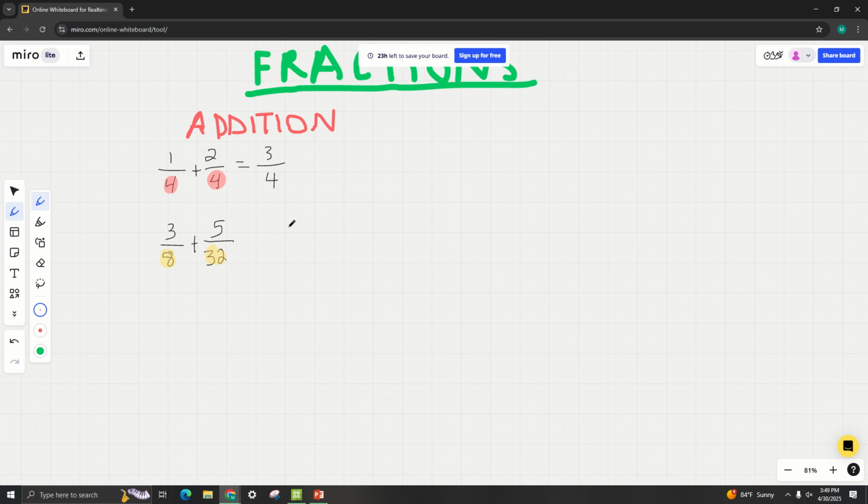The best way to do that is to find the greatest common factor again, or if you know your math facts, which I highly suggest you practice if you aren't feeling comfortable with those, you might be able to see, oh, we have 32 and 8 here. I know 8 times 4 is 32. So all I have to do is work on this fraction right here to get a common denominator of 32.